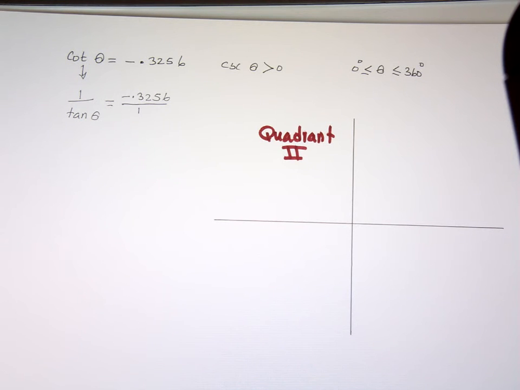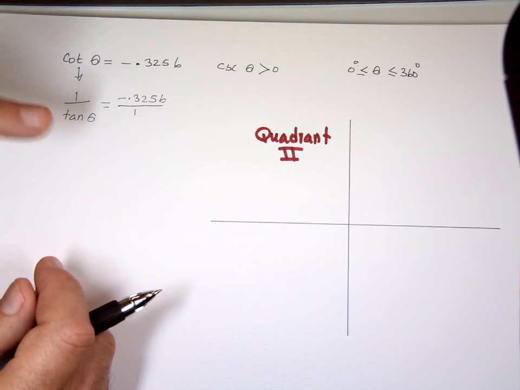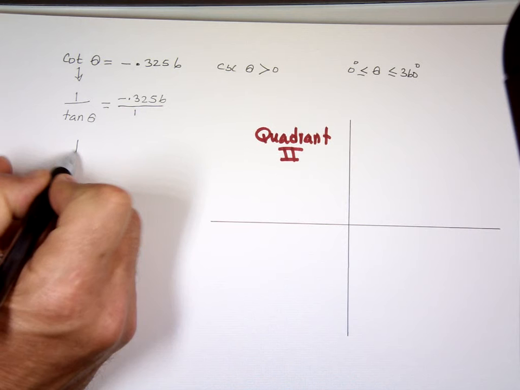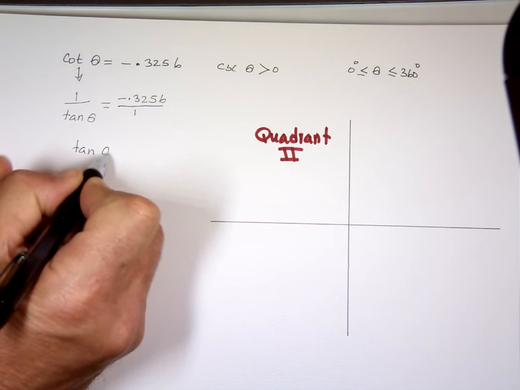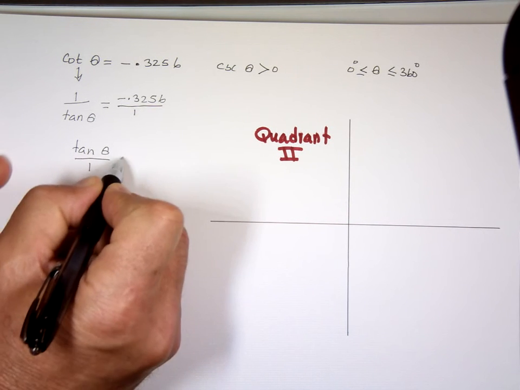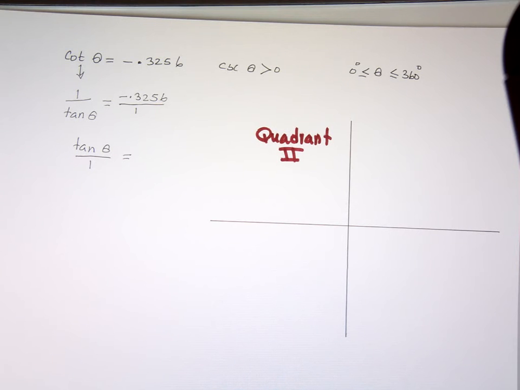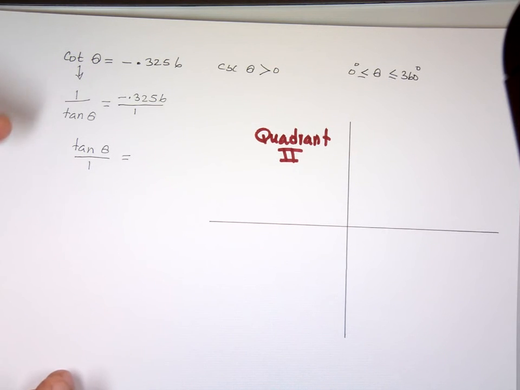Now, if you take that 1 over tangent and flip it, you'll have tangent theta over 1. If you remember, when you have an equation, whatever you do to one side, you have to do the same thing to the other side. So if you flip this side, you flip that side.